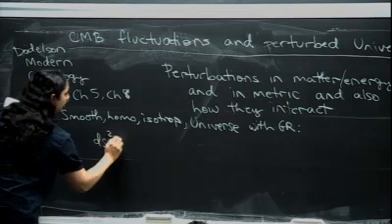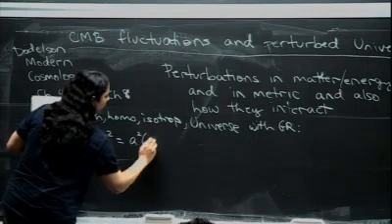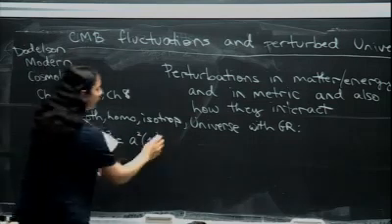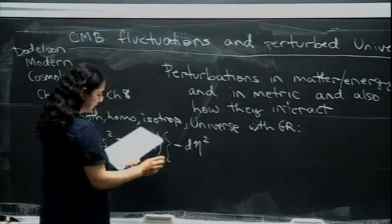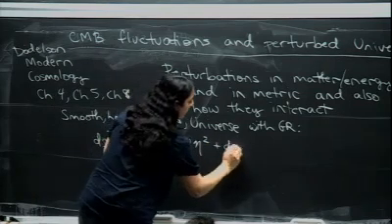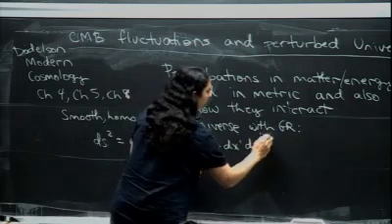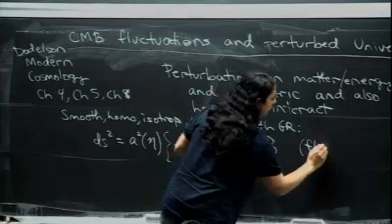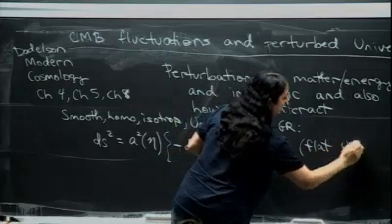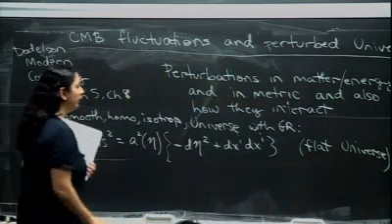I would have ds squared equals a squared of eta, times minus d eta squared plus dx_i dx_i. This would be for the case of a flat universe, the special case, just to keep things simple.